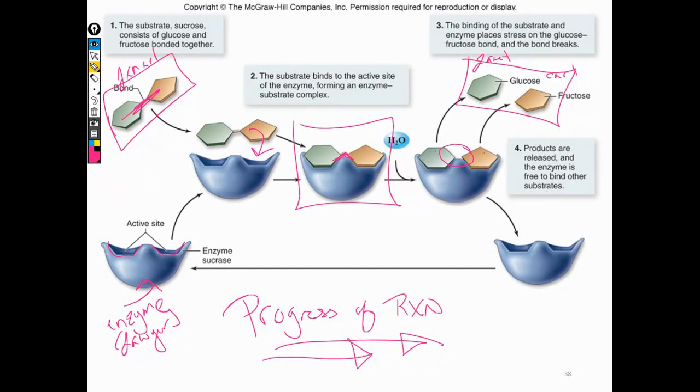And of course, another key, remember, our enzyme is unchanged. Our divorce attorney does not become part of the product. She gets to leave, go about her business, help other couples in need. Okay, so still same enzyme. Same old lawyer.